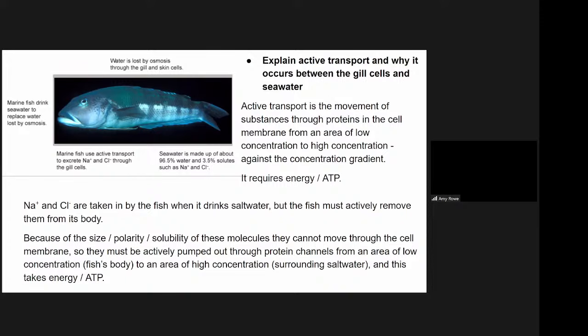Because of the size or the polarity or the solubility of these ions, they can't move directly through the cell membrane, so they can't diffuse through the cell membrane, and they must be actively pumped out through protein channels, again from an area of low concentration inside the fish's body to an area of high concentration in the surrounding seawater, which requires energy or ATP.